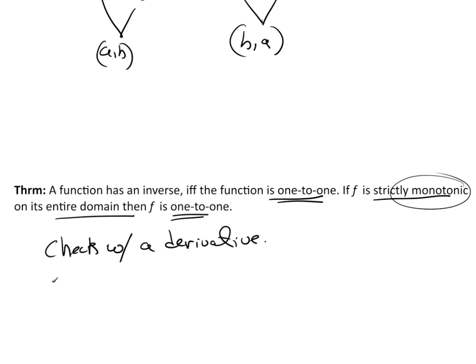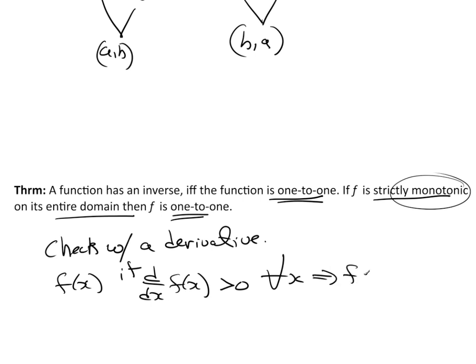The basic idea: if I have f of x, and from that I find the derivative, d/dx of f of x, if d/dx of f of x is greater than 0 for all x on the domain, and it may be a restricted domain, I may not be going from negative infinity to infinity, I may be interested in only a small piece of it, then f is monotonic.